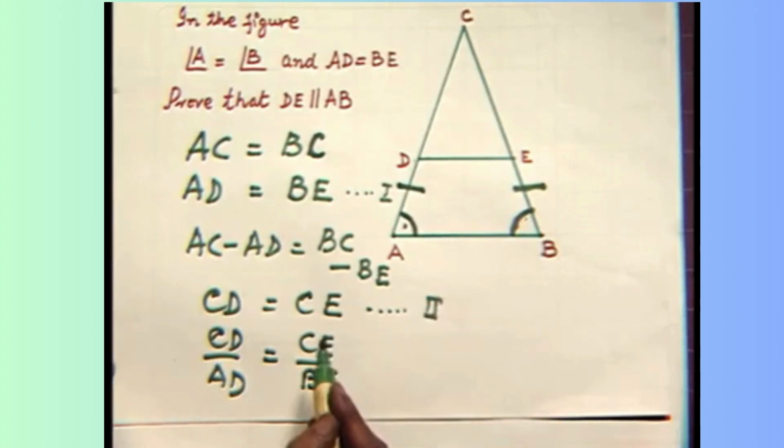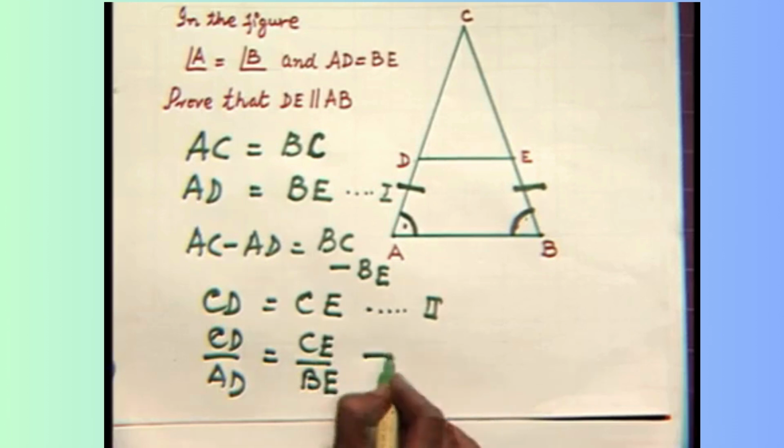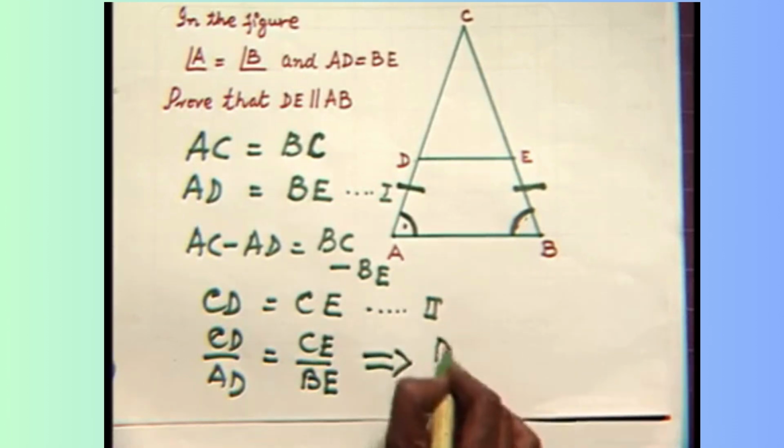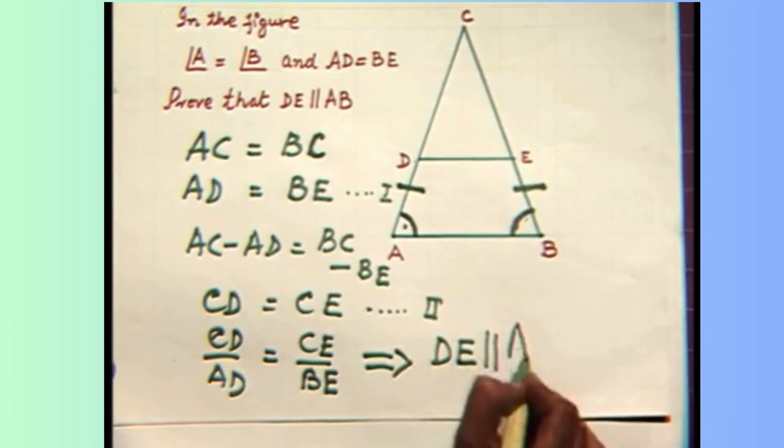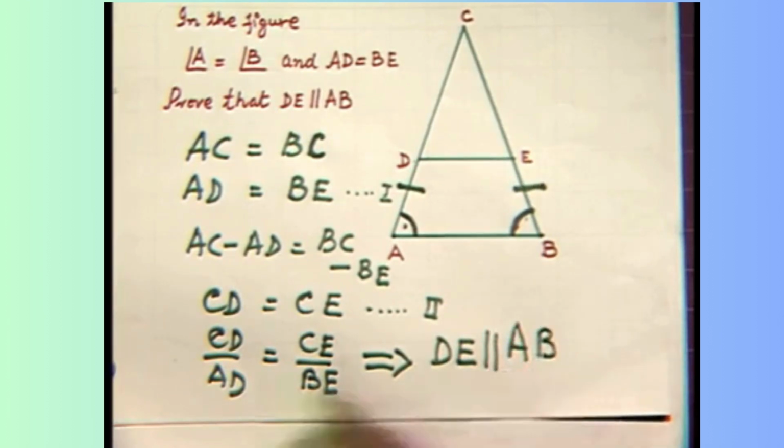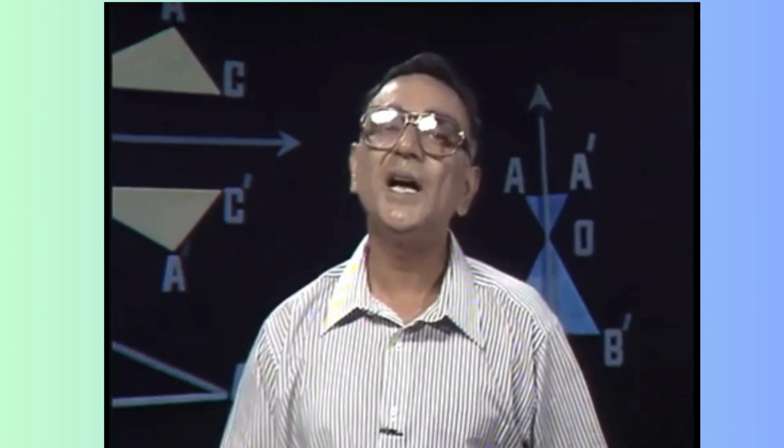So, hence by using converse of Thales theorem, we can say that DE is parallel to AB. So, here we use the converse of Thales theorem to establish a very important result in the case of a triangle.